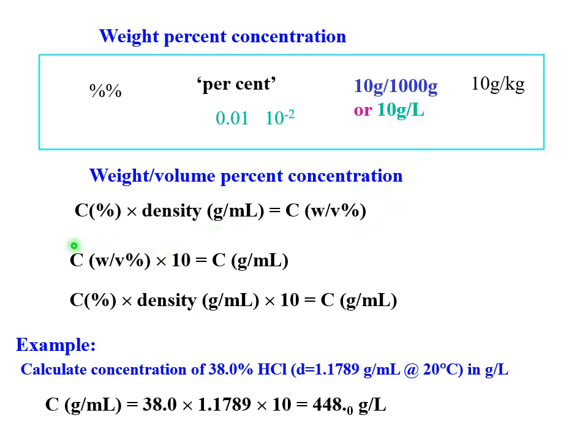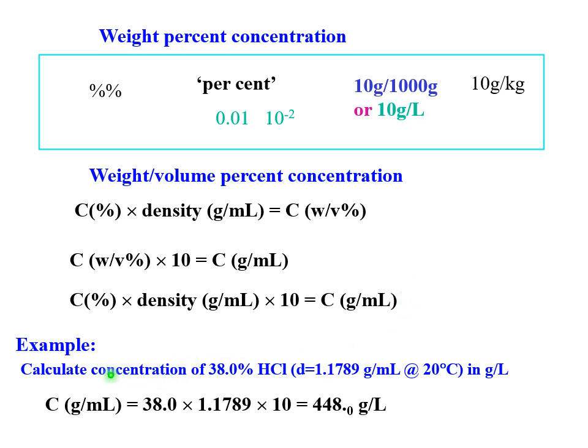So when you have weight by volume percent concentration, you multiply it by 10 and you have concentration in grams per liter, which to my humble opinion is far more convenient. If you have percent concentration, you can multiply it by density of your solution and multiply by 10 and again receive concentration in grams per liter, a very convenient unit.